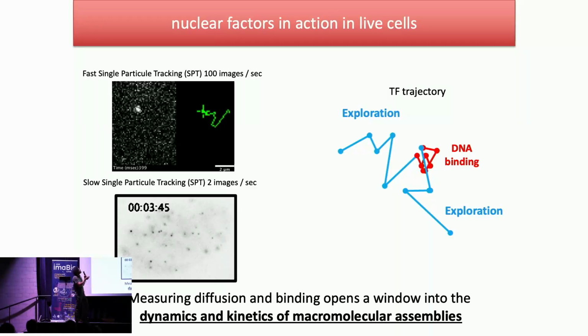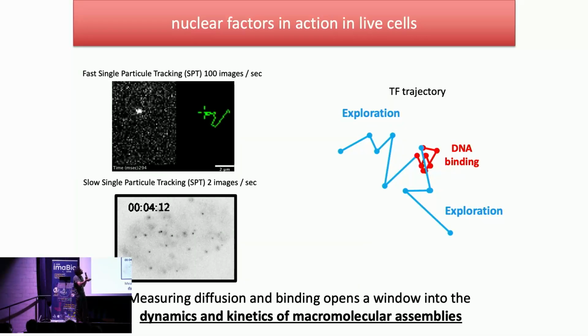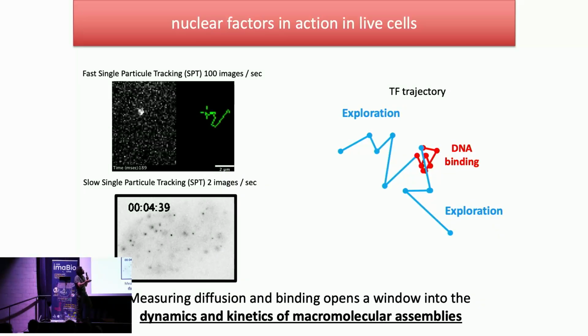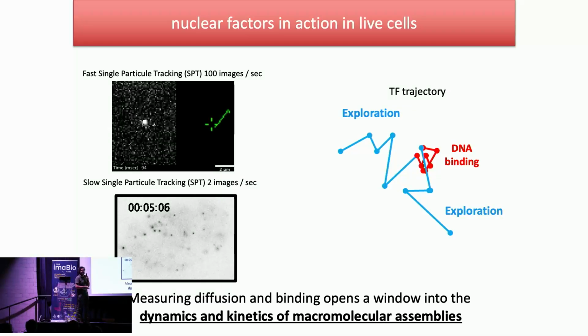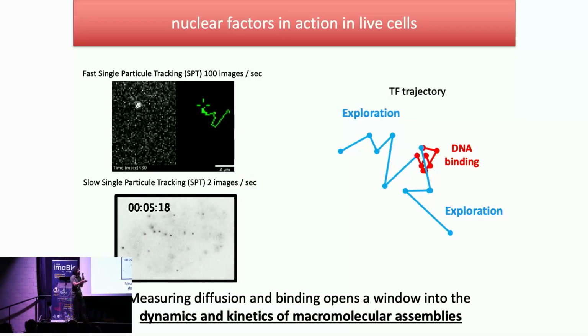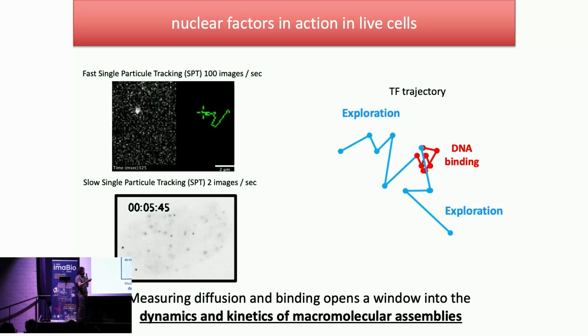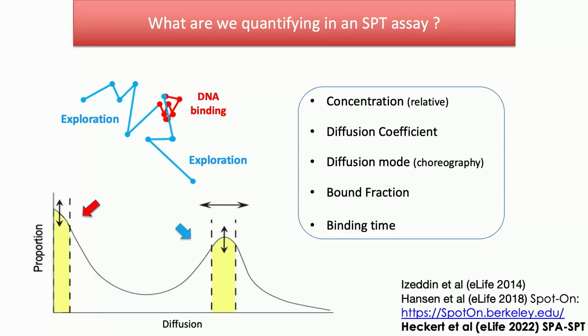So basically, we see a single protein, and we track it either at 100 images per second or 2 images per second, depending on what we want to see. And out of this, we are going to see how this molecule is moving within the nucleoplasm of a cell, whether it's going to bind to something. Here, I care about binding to DNA, but it could be a membrane, it could be the cytoskeleton. And so what we are really extracting from these movies is a concentration. I mean, we can see if there are more or fewer molecules. It's relative because we don't see all of them.